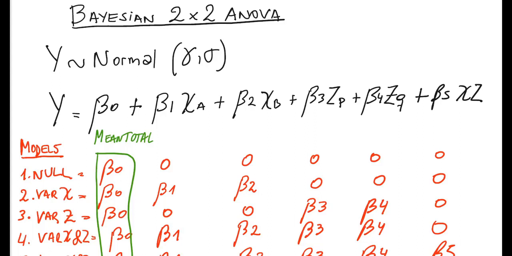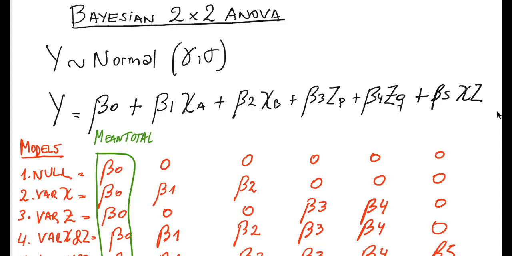We created a linear model for a factorial 2x2 ANOVA, which is here and there. But this is traditional ANOVA. We're not going to see the traditional ANOVA that you learned in previous courses. So we need to do the Bayesian ANOVA.